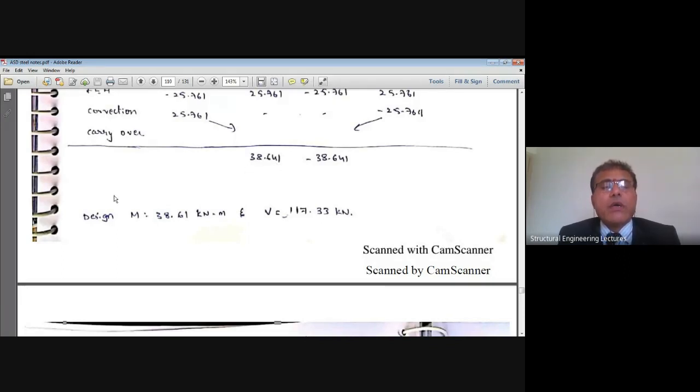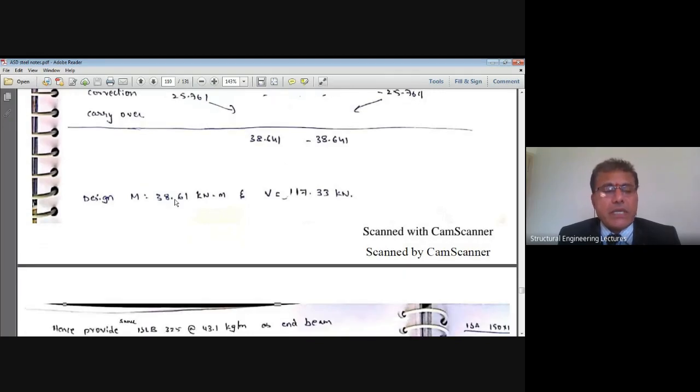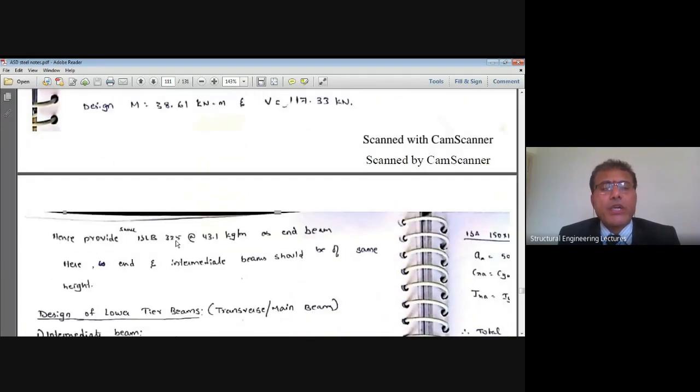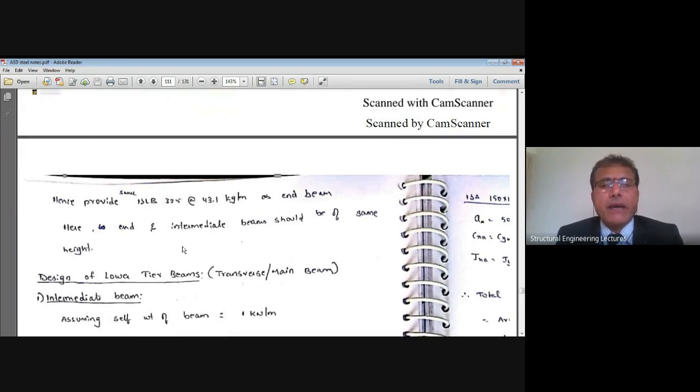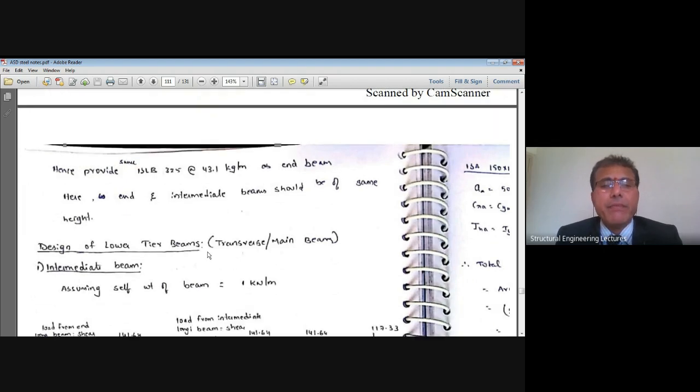Hence, I'll say that the same section adopted at intermediate locations, ISLB 325 at the rate of 43.1 kg per meter, can also be adopted at the ends as end girder or end beam.